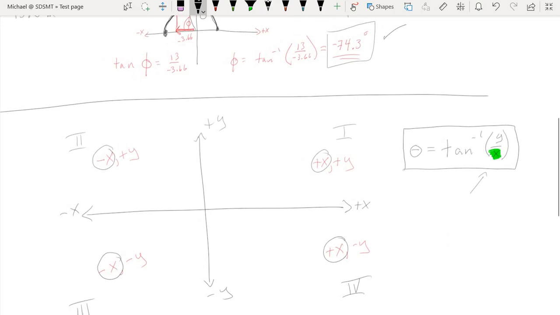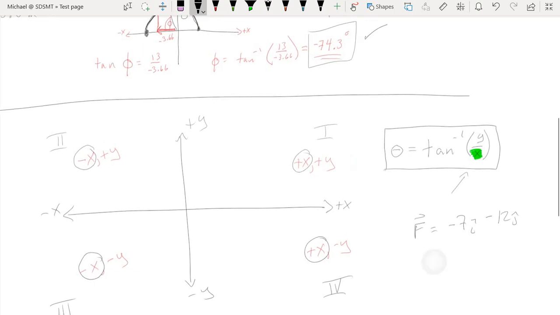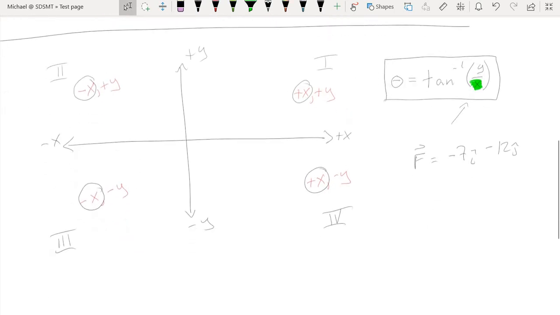And so if we had some other vector, we'll say vector f, which has components -7, -12. Okay, right away we can tell that is a third quadrant vector because both of its components are negative. But now I want to find out what is the angle that this vector makes. So I'll take inverse tangent of y component over x component.